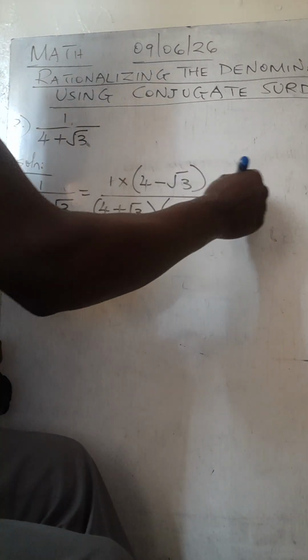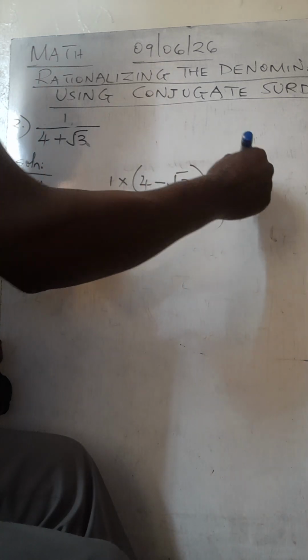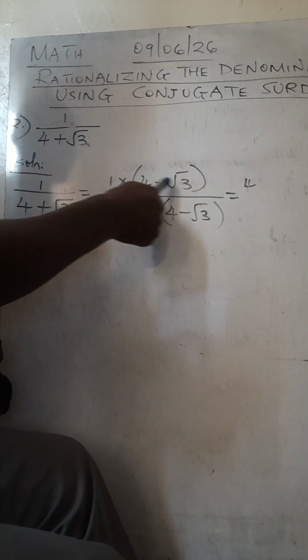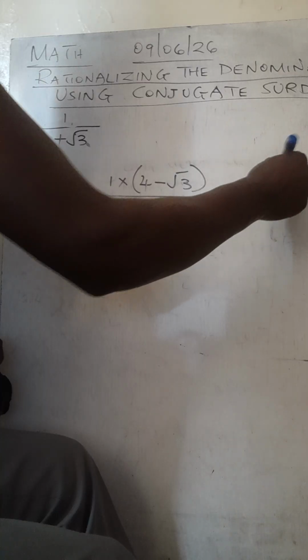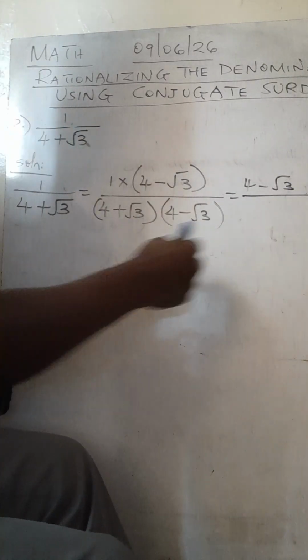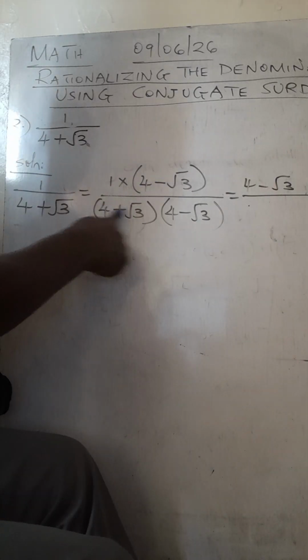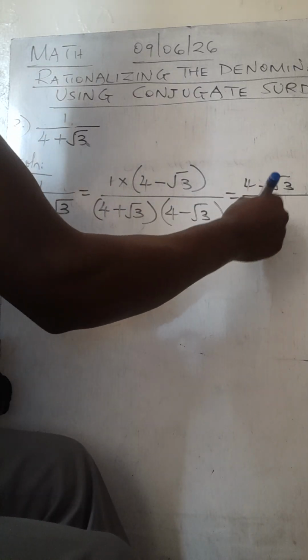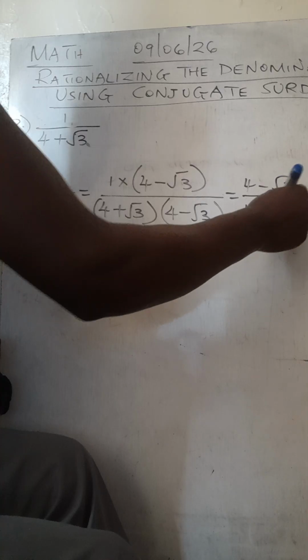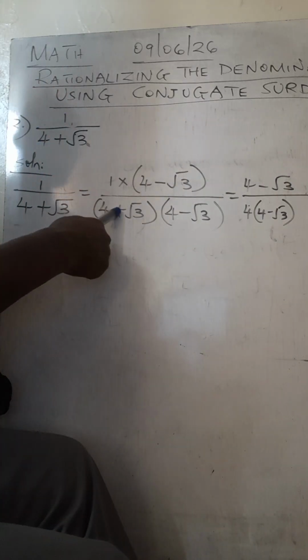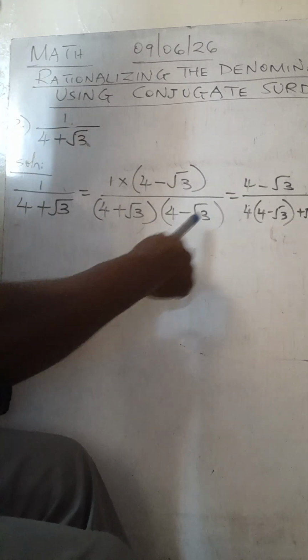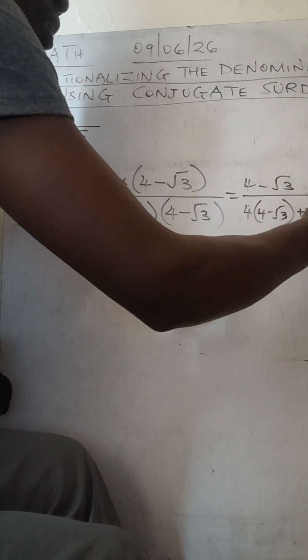So 1 times 4 is 4. 1 times negative root 3 is negative root 3, all over, take 4 times this bracket, and also take positive root 3 times 4 minus root 3.